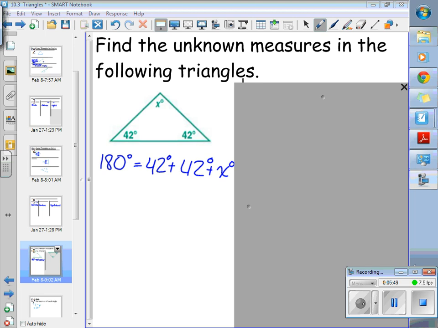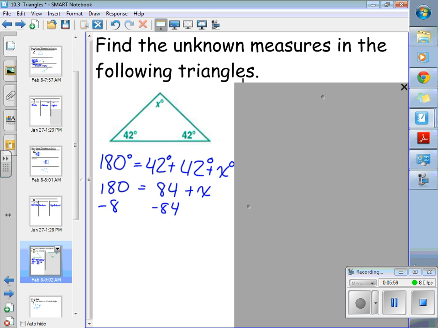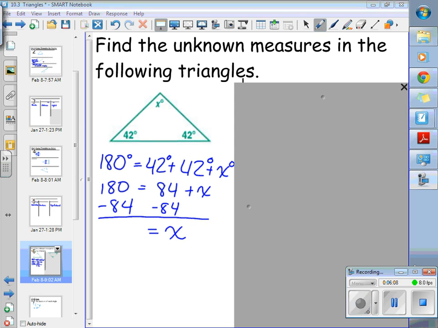So 42 plus 42 is 84. So then I subtract my 84 from both sides. And I'm left with my x over here and 96 over here. So my x equals 96 degrees.